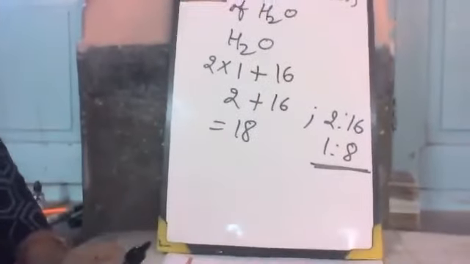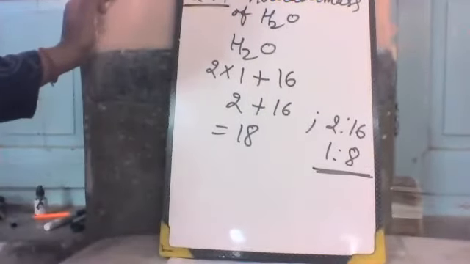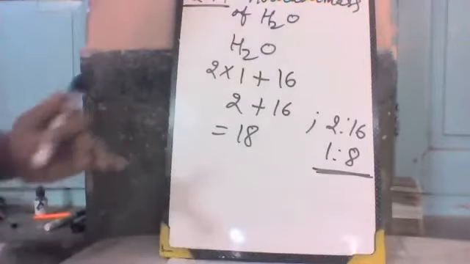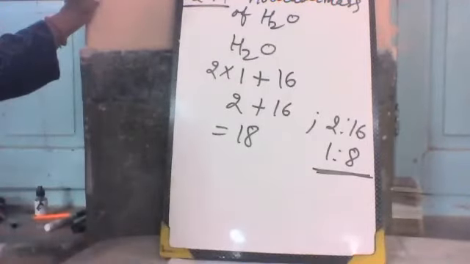Okay. Next, thus water contains hydrogen and oxygen in a fixed ratio by mass of 1:8.